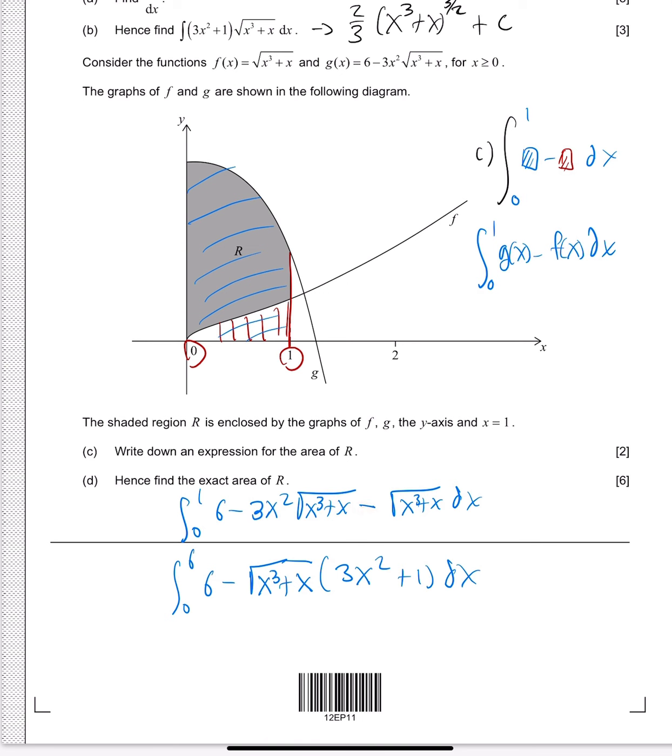At which point, I can't really do a whole lot yet. Can I now? This does look like a u-sub.